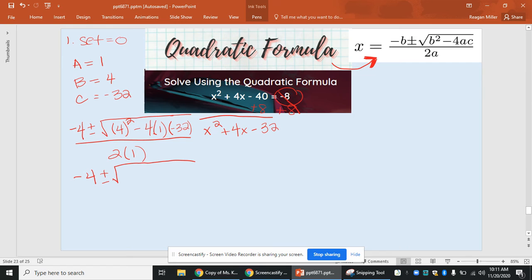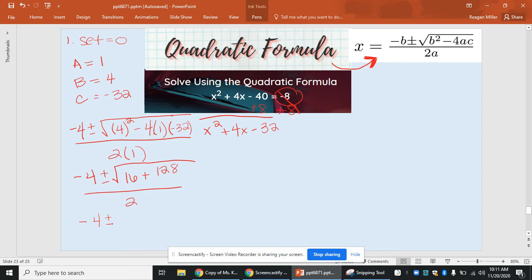Just know that whenever you square something, your answer always has to be positive. So 4 squared is going to give us 16. And then you need to do -4 times 1 times -32 and see what that gives you. So it's actually going to give you a positive 128. All right. And that's all over 2 times A, which is just 2.